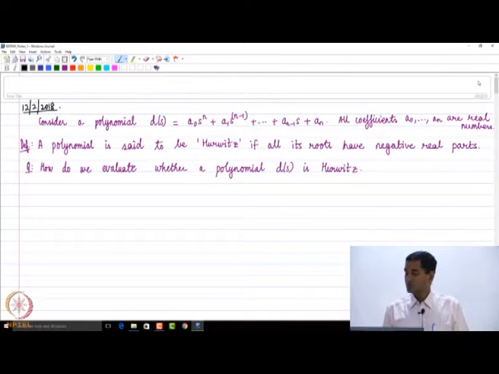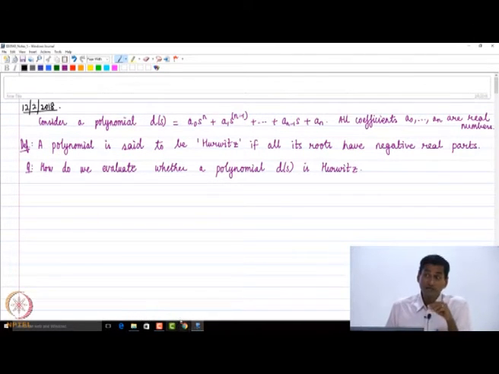So why is it connected to our discussion? Because if I am designing a control system, I look at the closed loop transfer function, and I want the closed loop characteristic polynomial, which is the denominator polynomial of the closed loop transfer function, to be Hurwitz. Then I am assured that my closed loop system is going to be stable, correct? So that's what we want to answer.